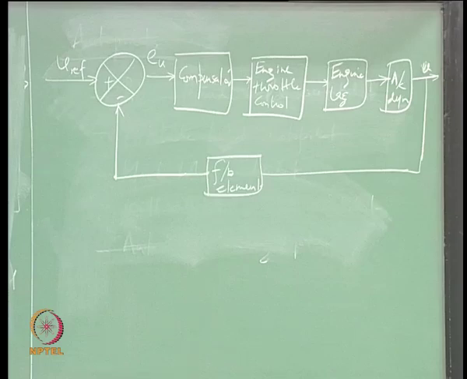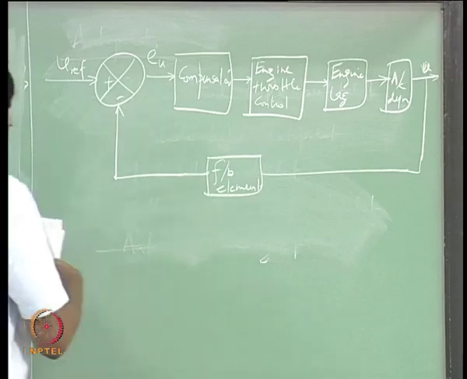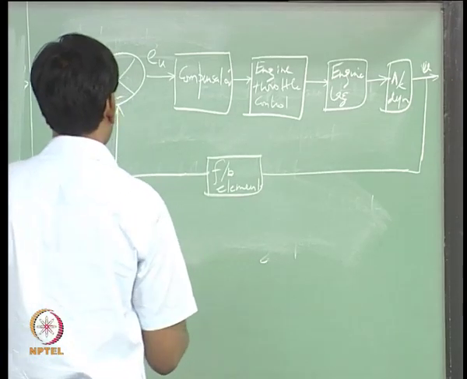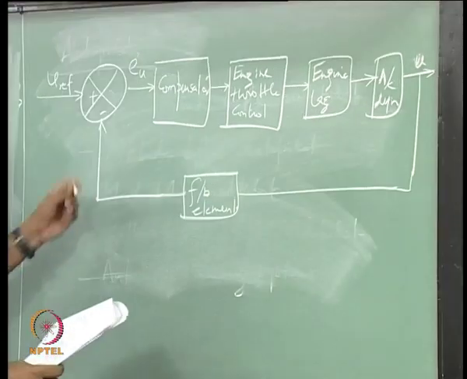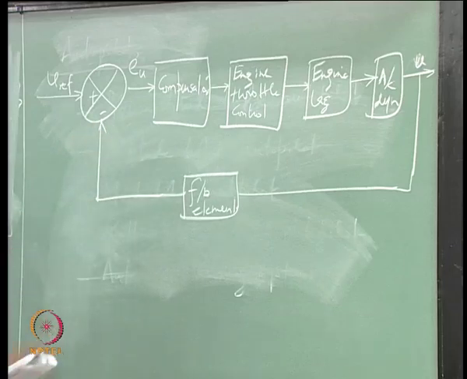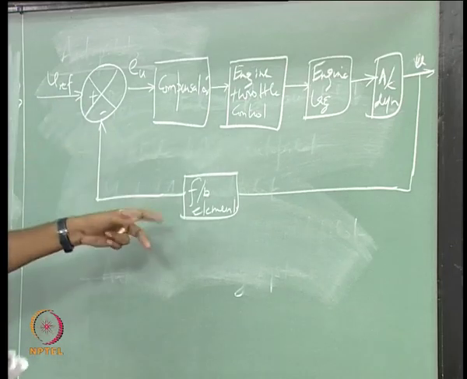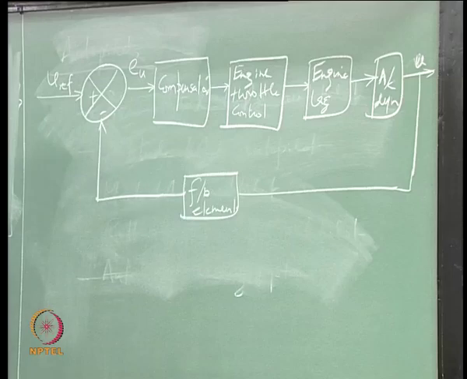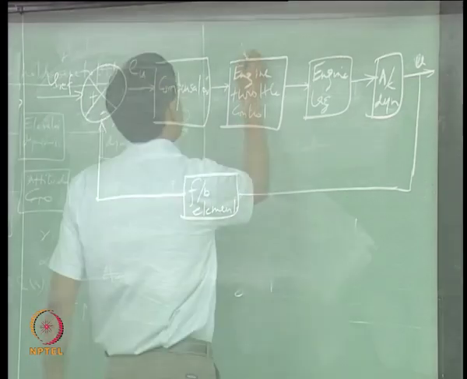So, in general, the basic feature of any control system using feedback will look something like this.